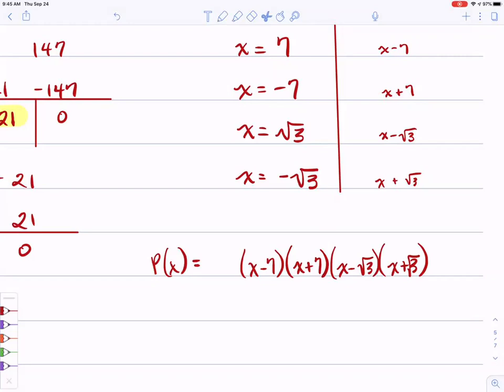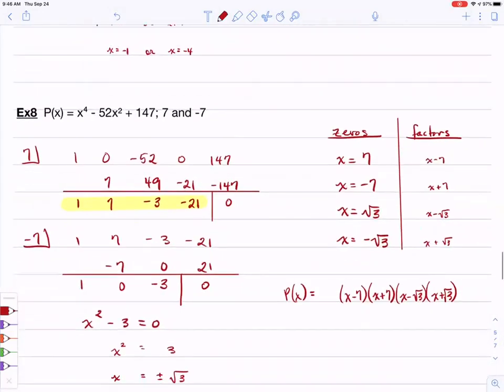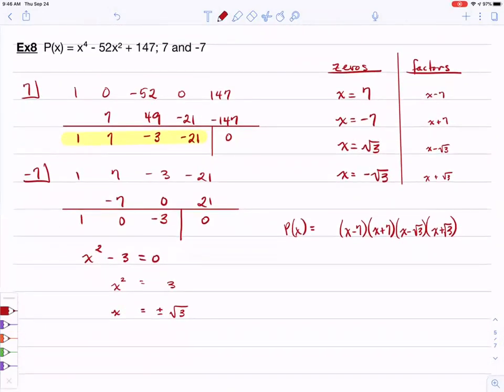Do you remember at the last class period, I told you to look for something? It was at the very end. Do you remember what I told you to look for? It was something in the original polynomial.